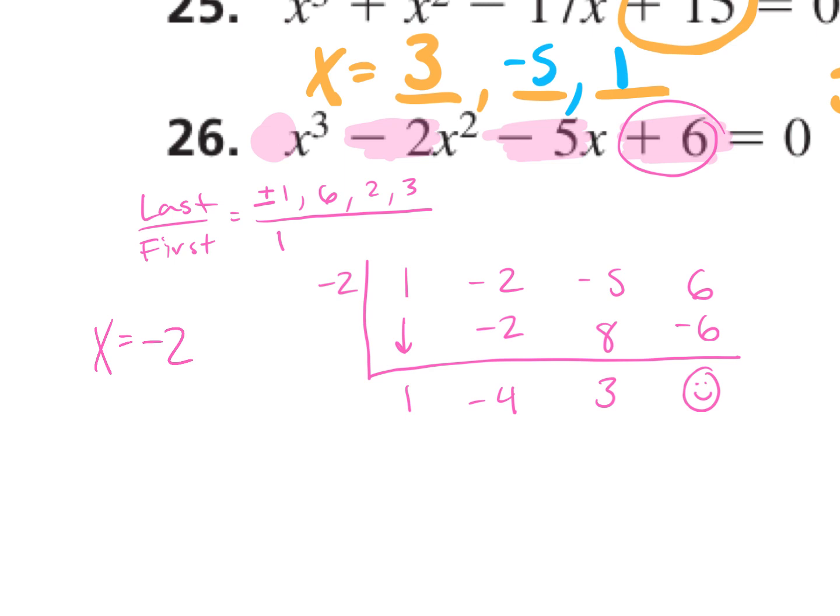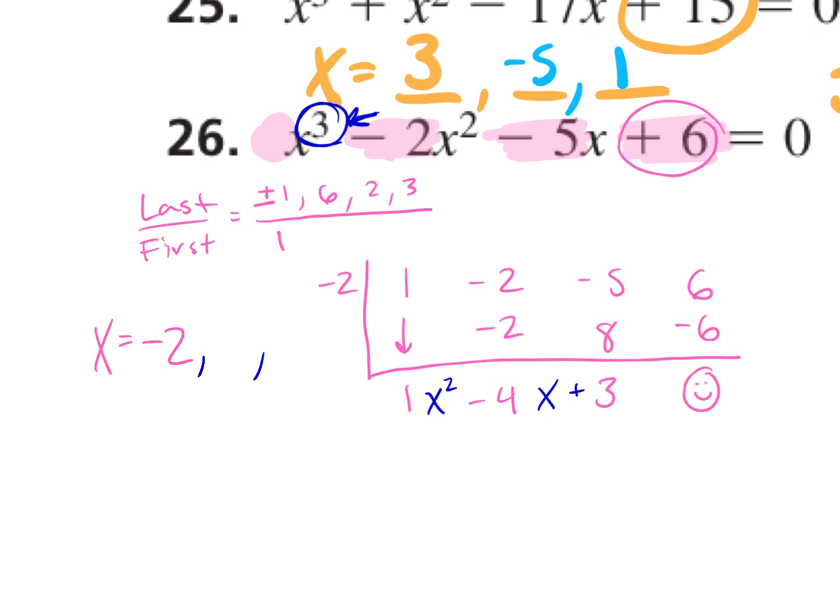How many more answers am I going to have? 2 more, because I'm going to have 3 total. What your highest degree is, that's how many zeros that you'll have. So I have 2 more. So if my question here starts with x to the 3rd power, my answer is going to start with x squared minus 4x plus 3.